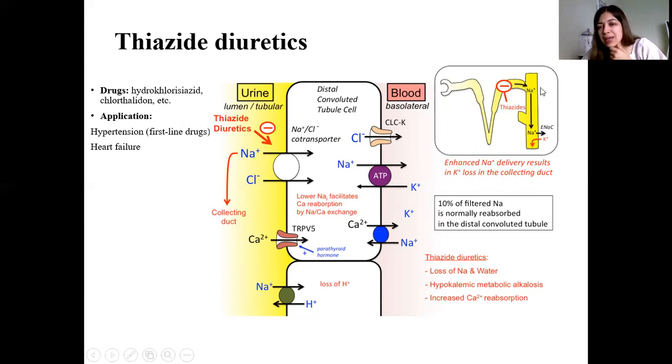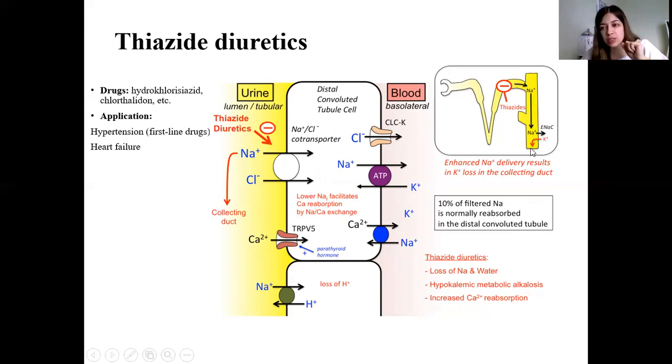Here you can see a lot of sodium here will lead to enhancing of the exchanger sodium with potassium. There is an exchanger, sodium potassium exchanger in the collecting duct. So when we have so much sodium, which is the result of the use of thiazide diuretics, a lot of sodium will be here, and it will be strongly exchanged with the potassium.